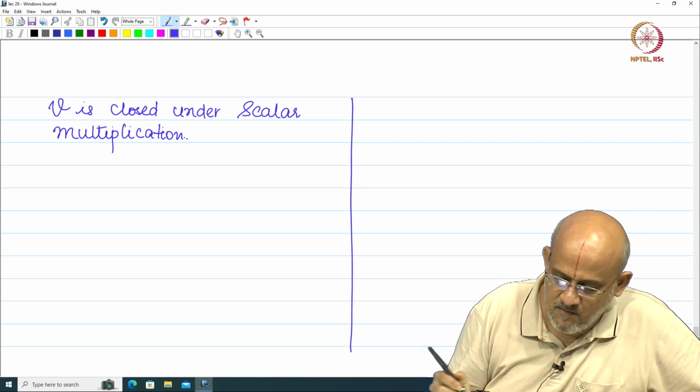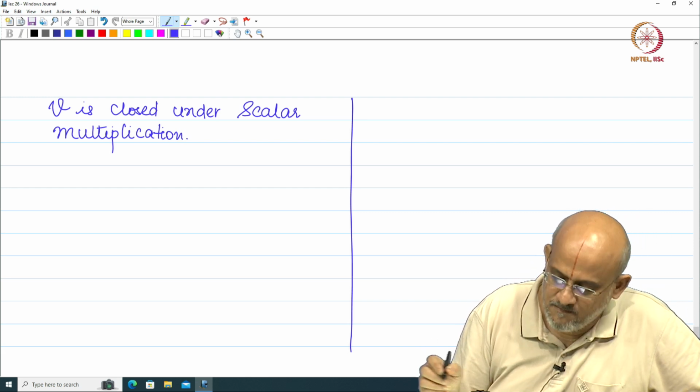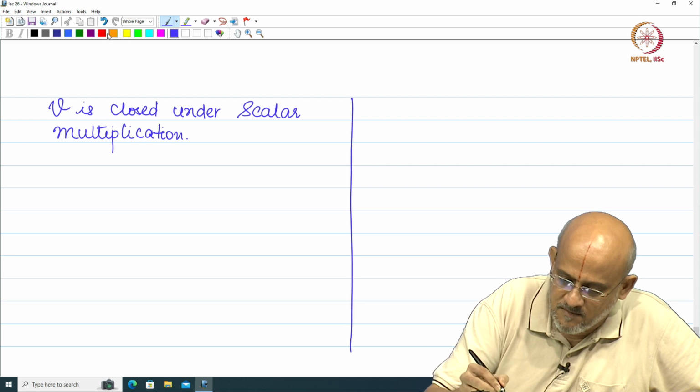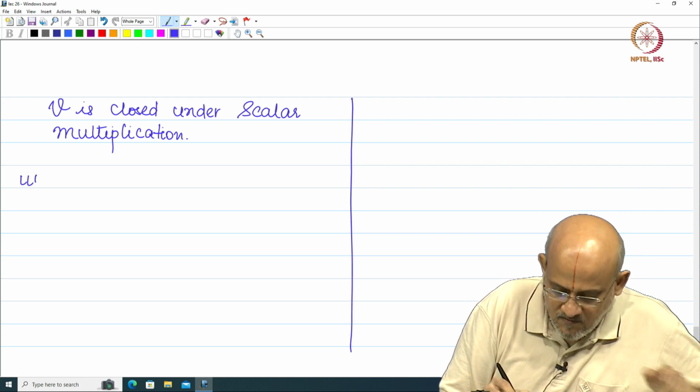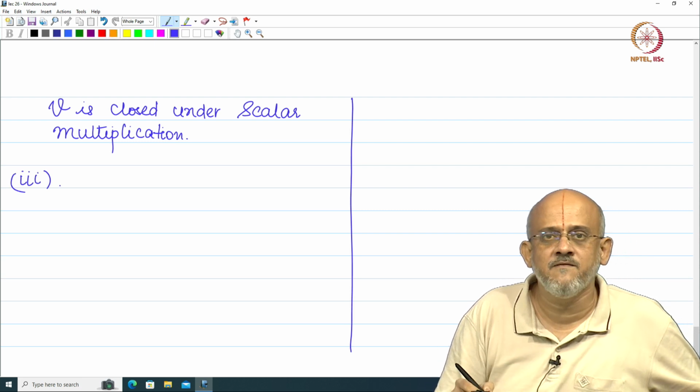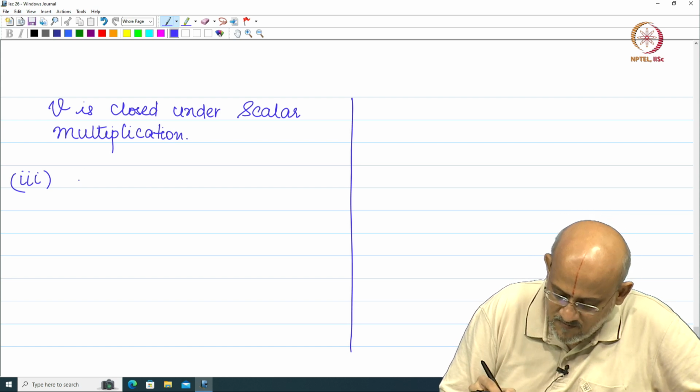Then we want to check if the commutative property holds good. Let us look at the third property. We want to check if u plus v is the same as v plus u.